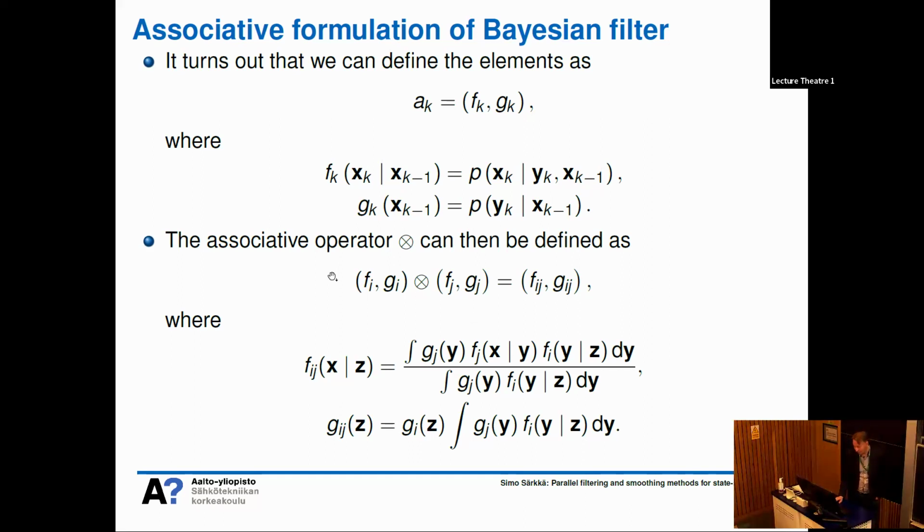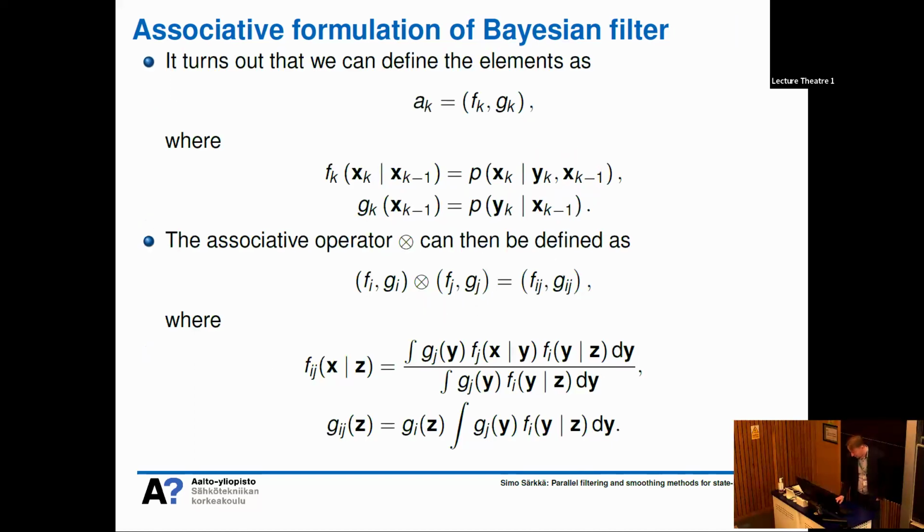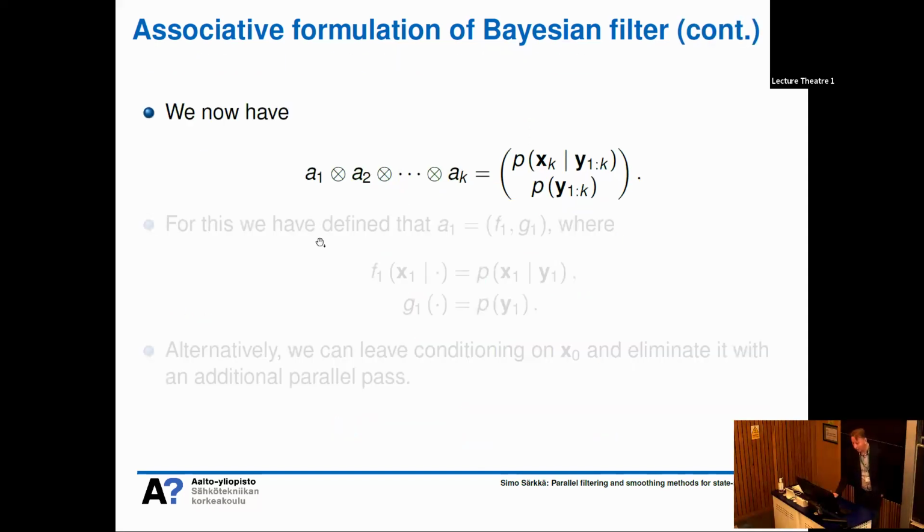And what actually happens here is that, well, let's not skip into what is actually happening there. But what happens here is that if we apply this operator, so we have A1 operation A2, and so on up to AK, we get a pair which contains the filtering distribution and then a normalization constant.